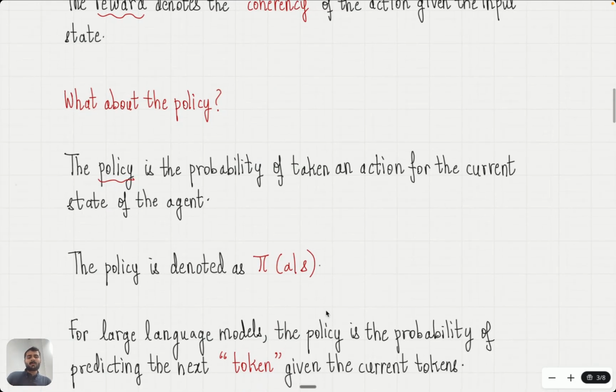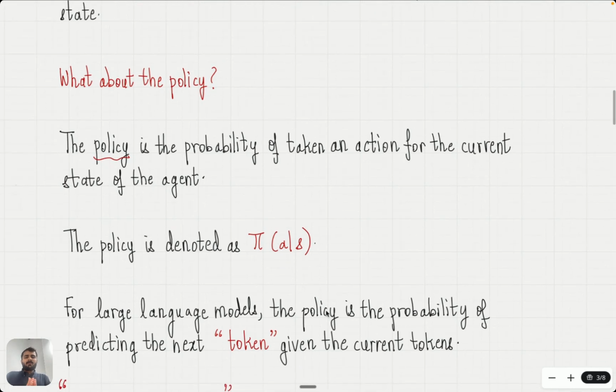Large language models are nothing but models which give the probability of the next best token given the current sequence of tokens. So the policy definition fits perfectly. Our policy is the same as our agent, which is a bit weird and never happens in other reinforcement learning problems. But in large language models, it's quite unique that our agent is the same as our policy.